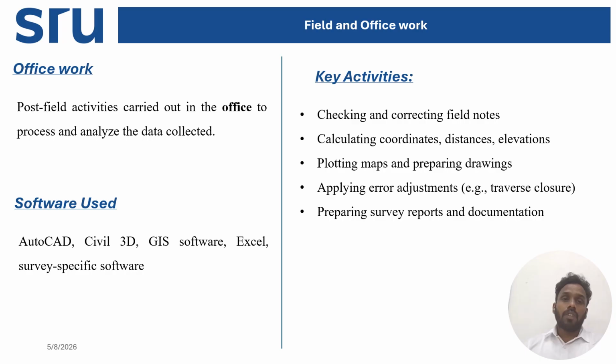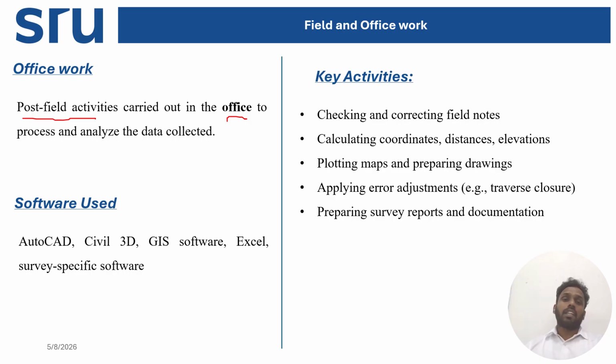Then after your field work is completed, we are going to deal with office work. Office work is a post-field activity that has to be carried out in the office. For example, if you are doing leveling, you are collecting a lot of data with respect to your survey points. That raw data should be converted to data which is understandable.